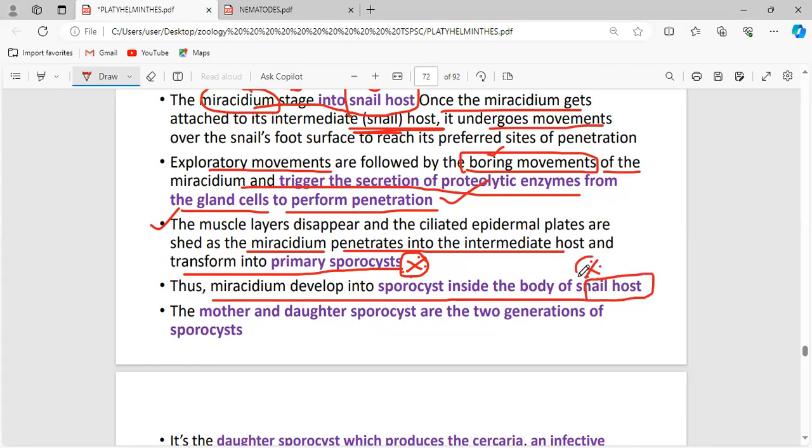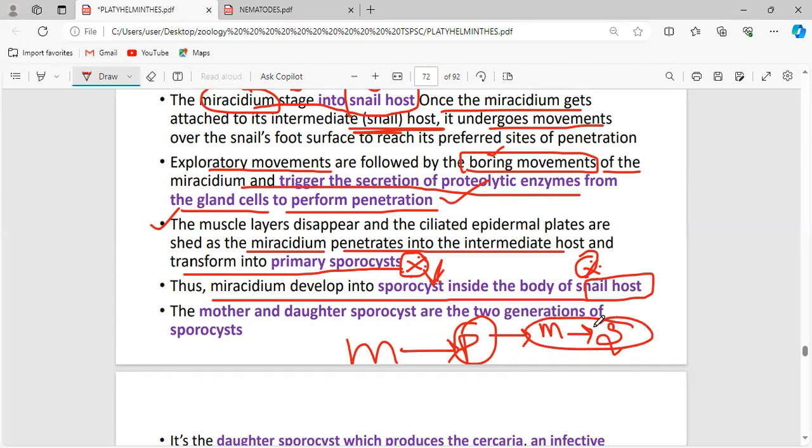Just remember this point: the ninth important point is that the miracidium develops into the sporocyst. Miracidium will be present outside the body of the host. Now this miracidium enters the snail, and inside the body of the host, it will be converted into the sporocyst. This is the point you have to remember.